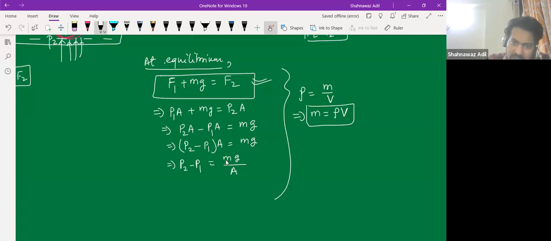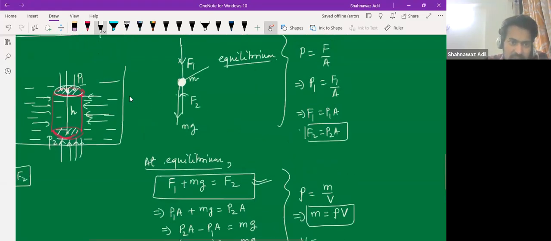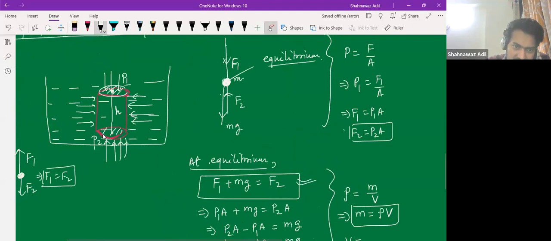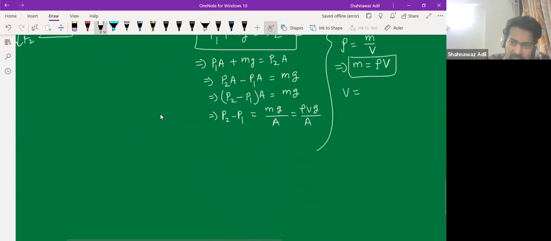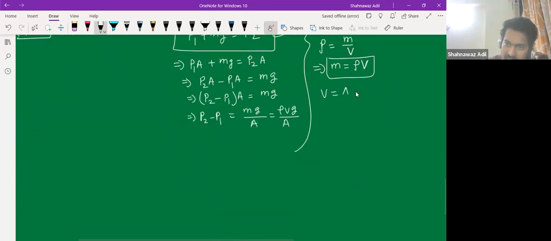So if I put this in here, this is rho Vg divided by A. And I know the volume of this cylinder is base area into height, right?